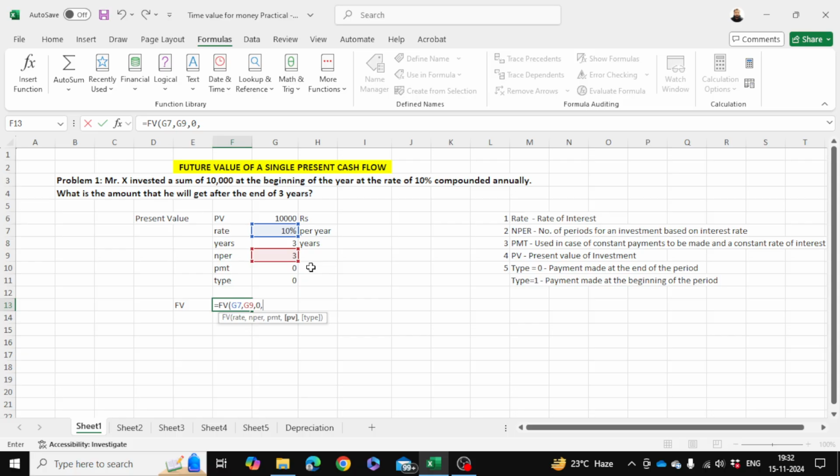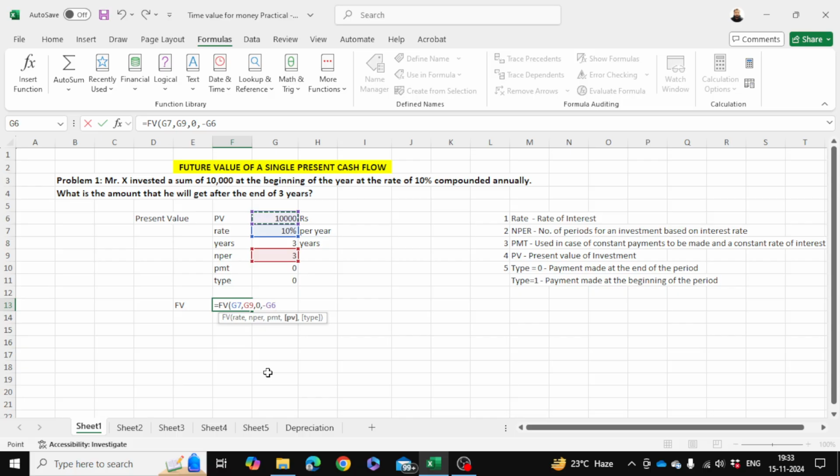And then PV, okay, you have to take always the present value negative, otherwise your future value is going to be negative, right? You have to mention a minus symbol in front of PV, right? Otherwise your answer FV will be coming in negative values, right?